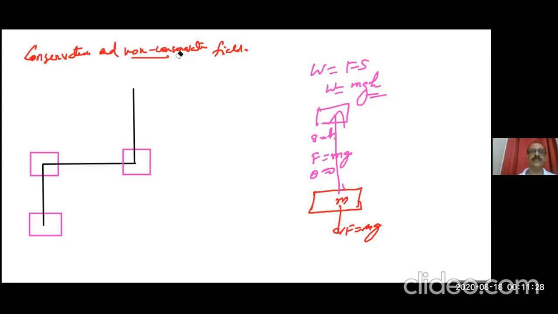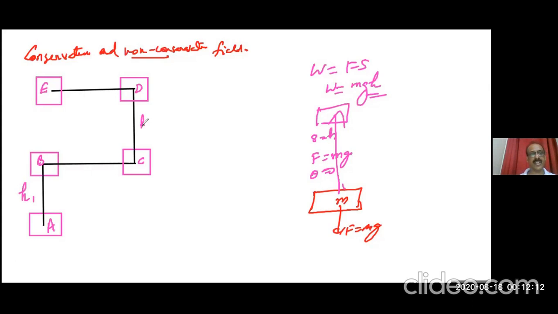Draw the diagram. A, B, C, D, E. Okay. This is height H1.